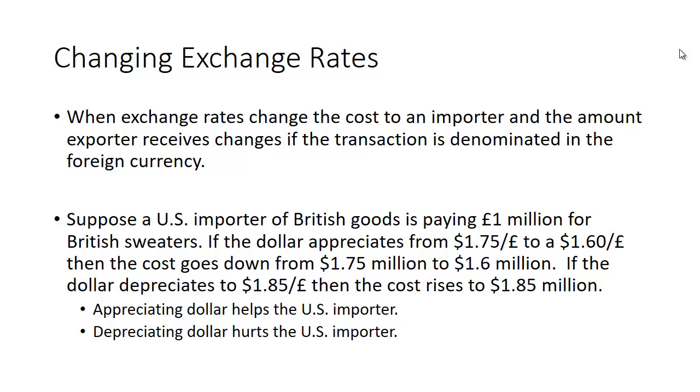On the other hand, if the dollar depreciates to $1.85 per pound, then the cost rises to $1.85 million. So an appreciating dollar helps the U.S. importer who's paying in pounds, and the depreciating dollar hurts the U.S. importer who's paying in pounds.